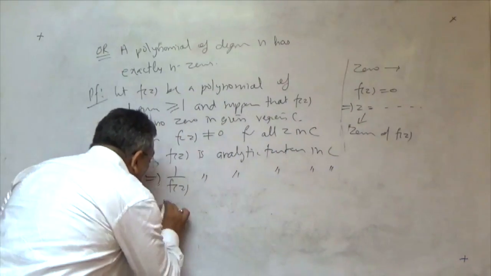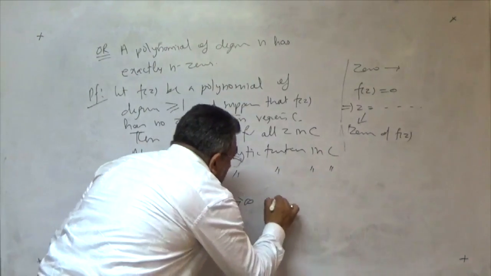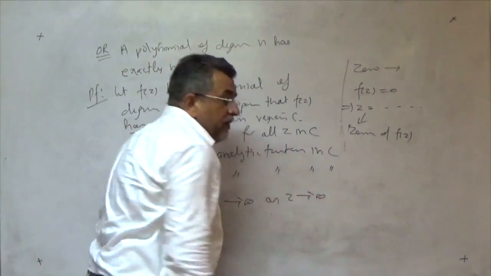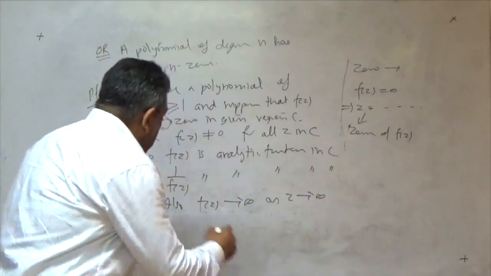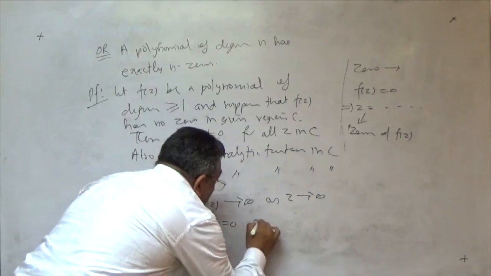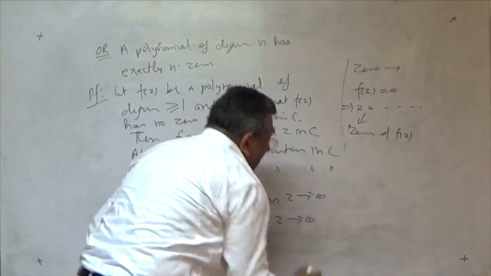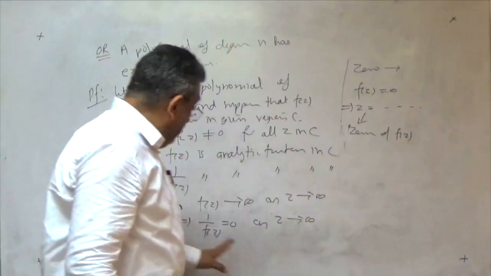And also f(z) tends to infinity as z tends to infinity, because f(z) is a polynomial. Then 1/f(z) tends to 0 as z tends to infinity, because you know that 1 upon infinity is equal to 0.